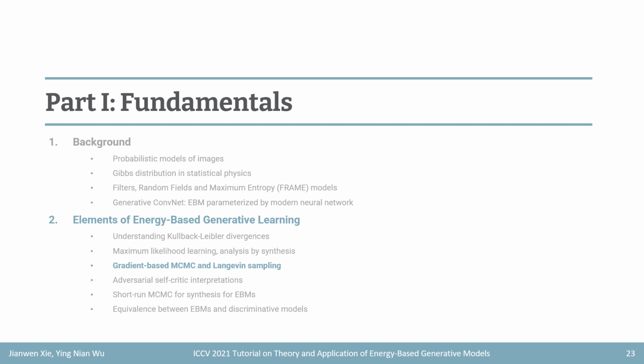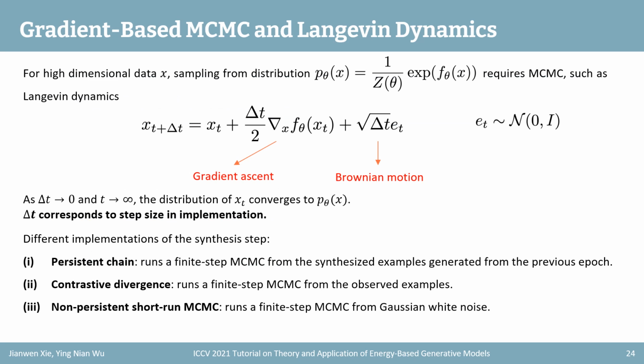Now, we shall study Langevin Dynamics, which is a gradient-based MCMC method that is important and useful to compute the gradient of the log likelihood. For high-dimensional data x, sampling from the distribution P of x, which is in the form of an energy-based model, requires MCMC, such as Langevin Dynamics. The Langevin Dynamics is a stochastic gradient ascent algorithm that finds data x to maximize the function f.